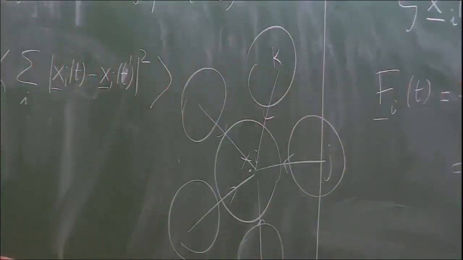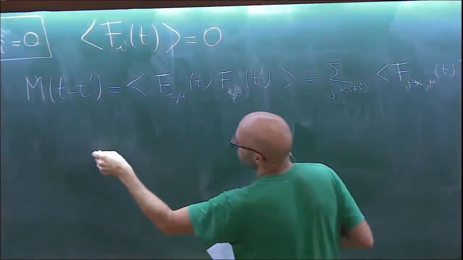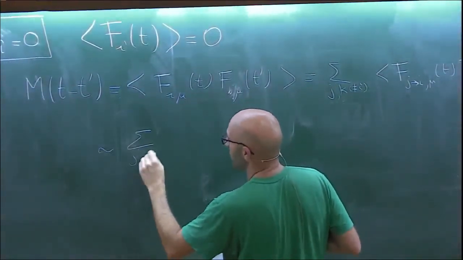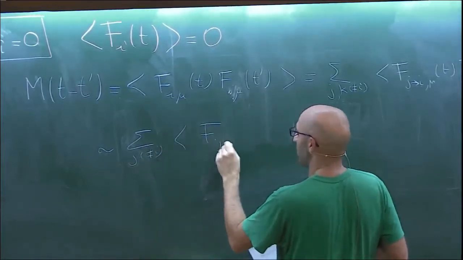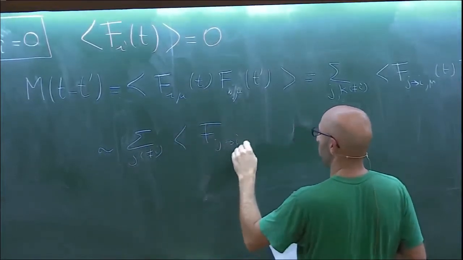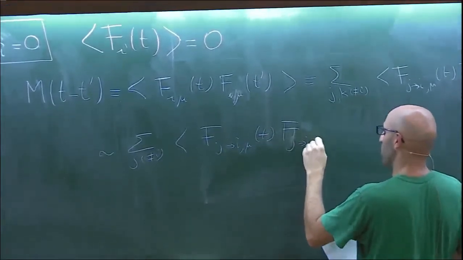So I can drop all the terms with j different from k, because the average of the product becomes the product of the averages, but the average is 0. So this is going to be the sum over j of f j to i mu of t, f j to i mu of t prime.